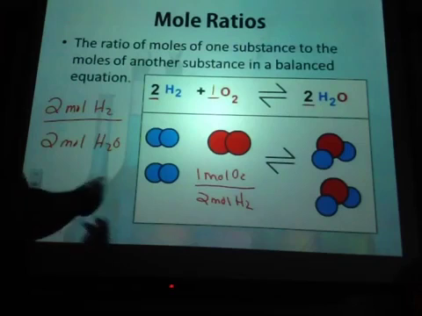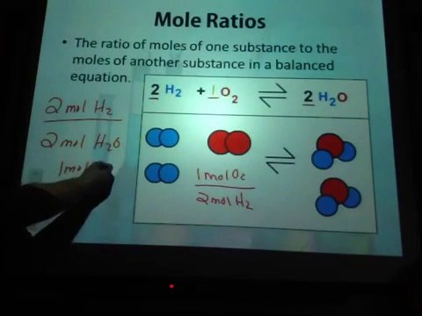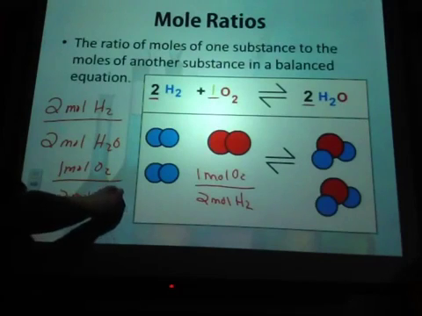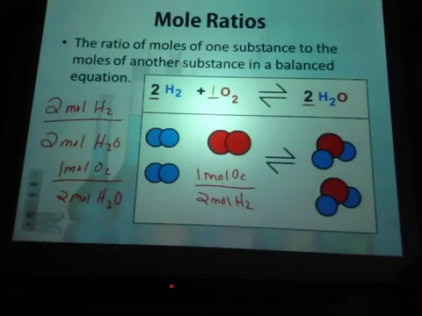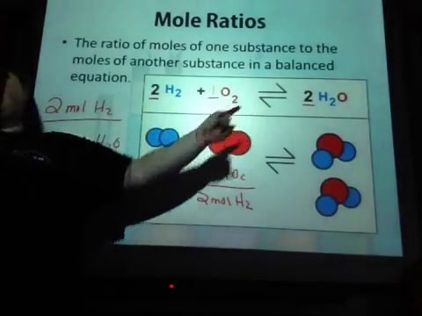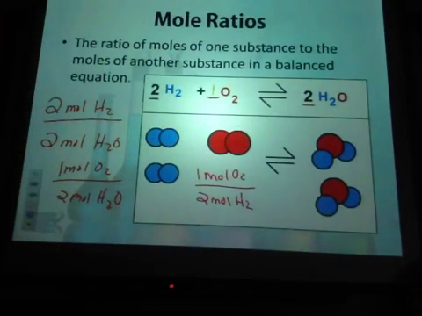Or you can relate 1 mole of O2 to 2 moles of water. Okay, so these are ratios of moles, and we always get them from a balanced chemical equation. So it helps us convert from moles of water to moles of another substance.